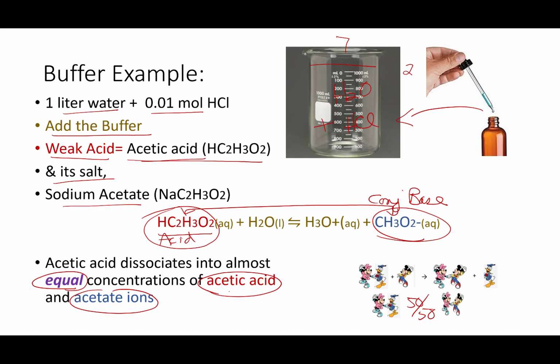So it's going to be partially over here and partially over there, because some chemical reactions go one way and some are reversible. And this is one of those that's very reversible back and forth. So we use it as a buffer quite often.